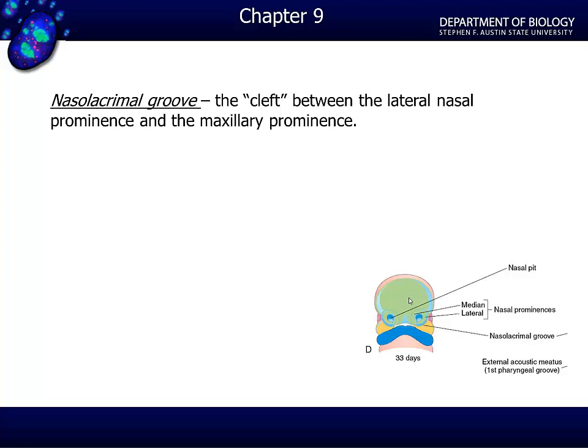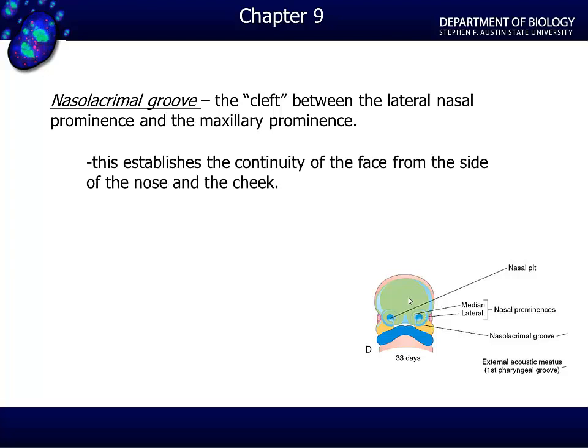And it's actually going to be this junction, this contact between the maxillary prominence and the nasal prominence on that lateral aspect that is going to drive those nasal structures closer and closer to the midline. The maxilla is going to be the engine that pushes the nasal prominences closer and closer until they fuse along the midline. Those median nasal prominences are going to fuse into what we know as the bridge of the nose.